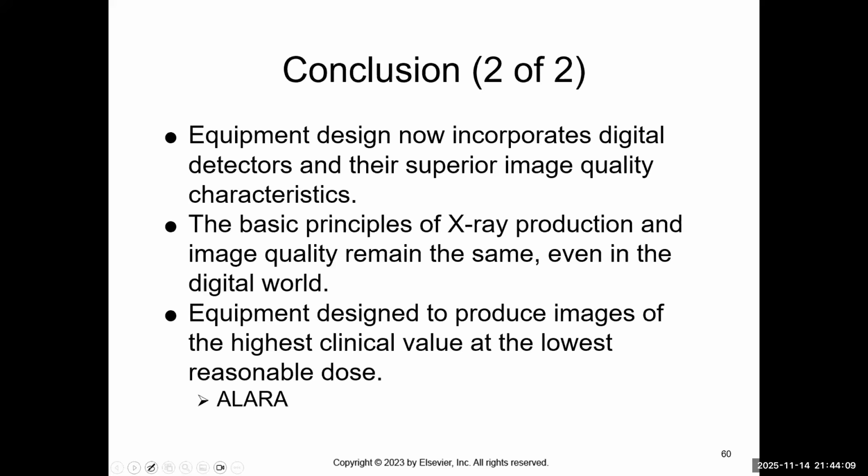All right, our basic x-ray principles are still going to be the same. So even though the machines are more advanced, the physics behind it all, the x-rays are still made in the same way, meaning the electrons will flow from the cathode, strike the anode, and create the x-rays for us. The goal of all of the equipment, no matter the modality, is to get the best possible clinical image.